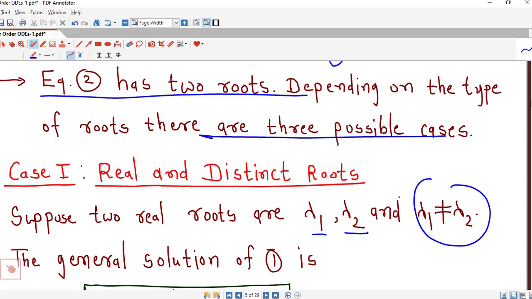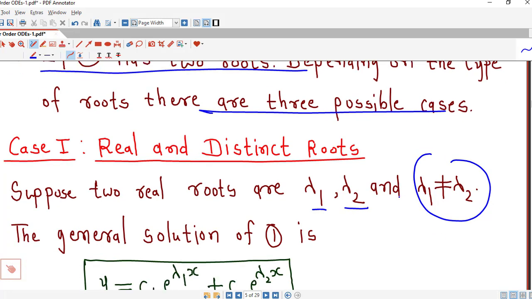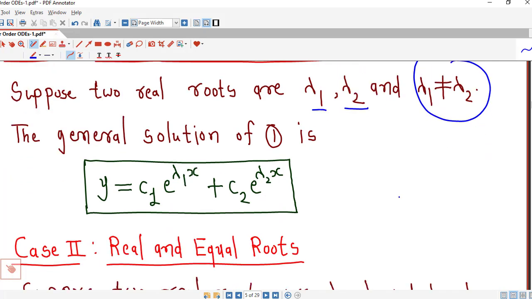So in this case the general solution of the given equation is given by y = c1 e^(lambda 1 x) + c2 e^(lambda 2 x). So we will remember this.